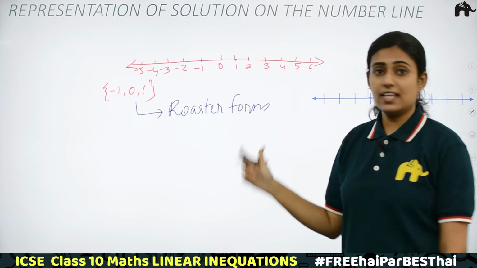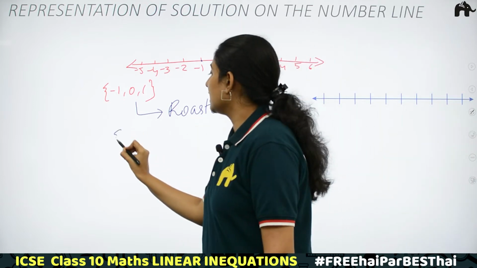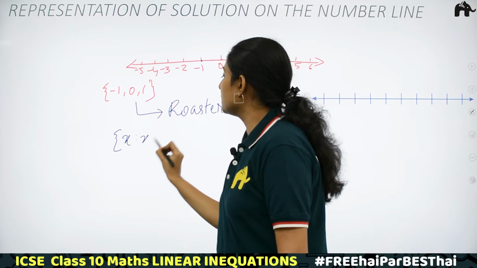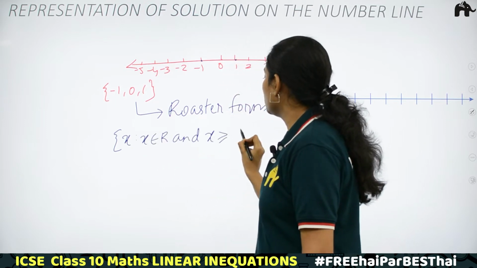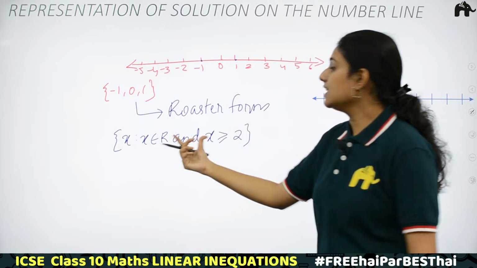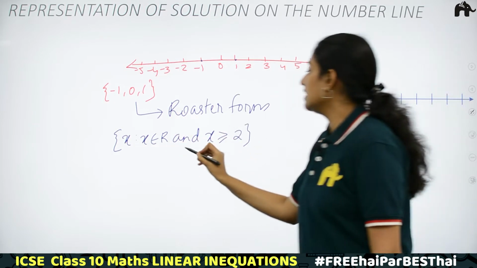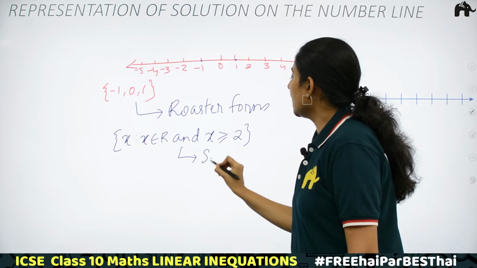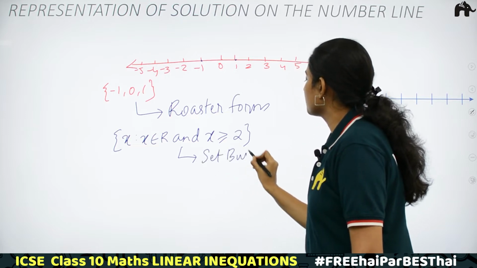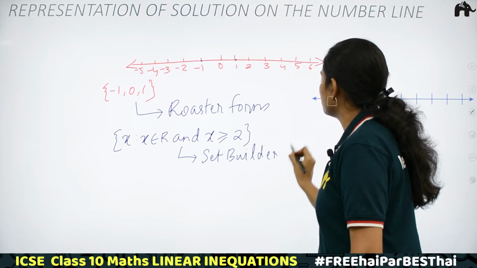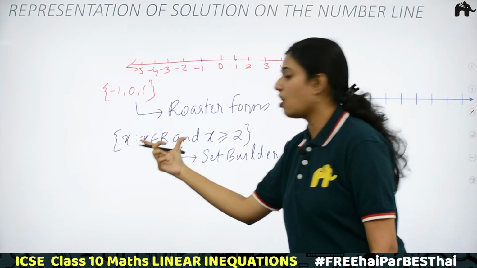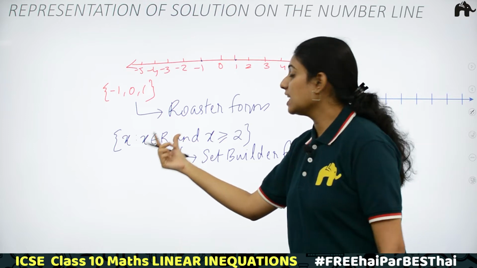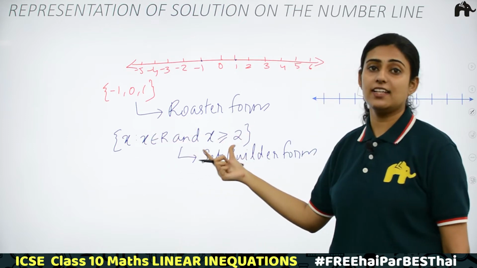Now, in case it is given like x such that x belongs to R and x greater than or equal to 2, this form of representation is called set builder form. To represent on the number line, either it will be given like this or in this way. Here, only the replacement set and the inequality conditions are given.